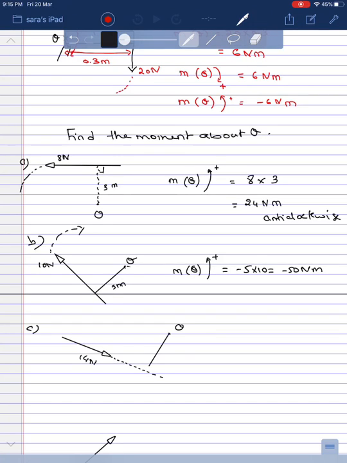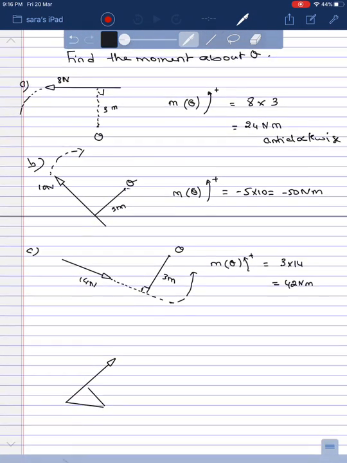I need to extend the force on a line, and then O will be 3 meter away, and this is a perpendicular. Now again, put your finger around O, and if I take this arrow towards O, then the force will be acting anti-clockwise. So it will be 3 times 14, which is 42 Newton meter in an anti-clockwise direction.